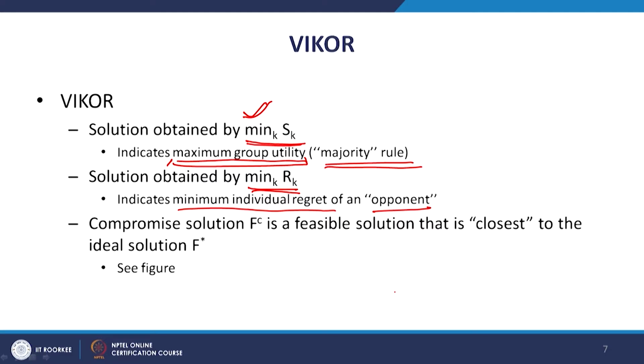That is indicating in a way the minimum individual regret of an opponent. So, this is also indicating a boundary condition. These are boundary measures, and how they are to be used in the final measure, we will see in this lecture.